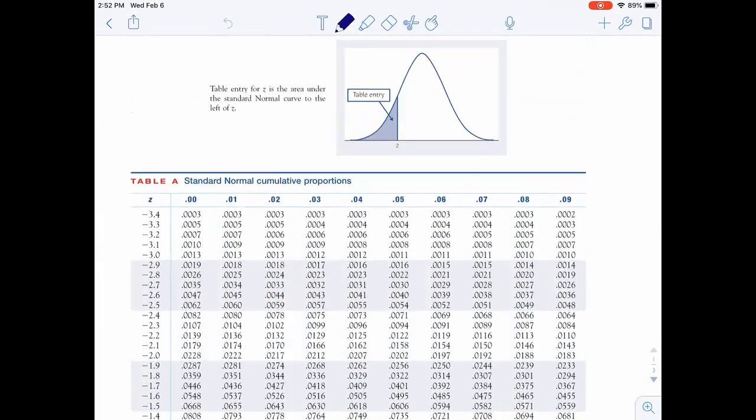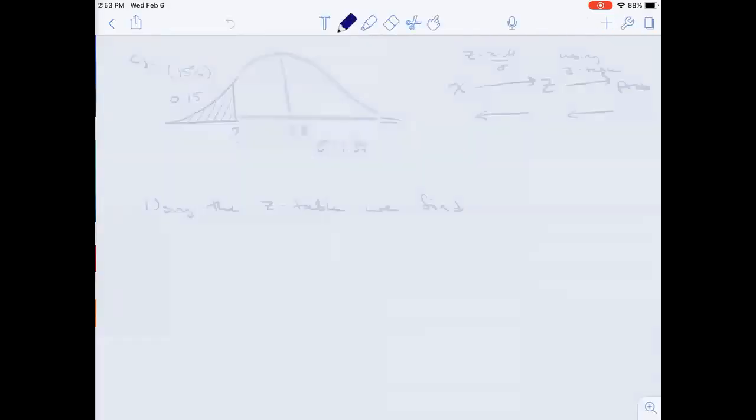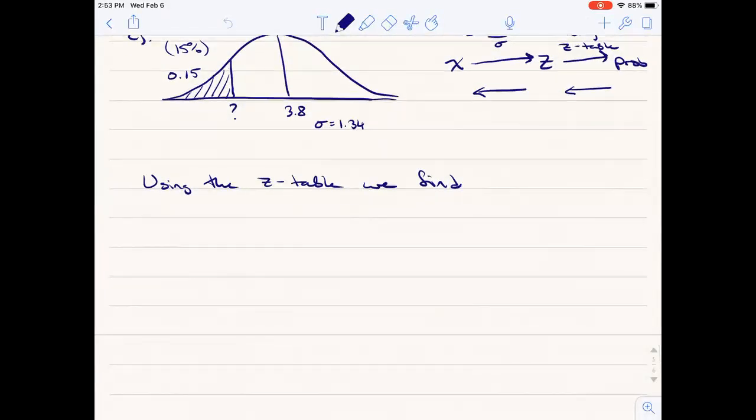These are the table entries, and the table entry is the area under the curve. So you can refer to them as table entries.